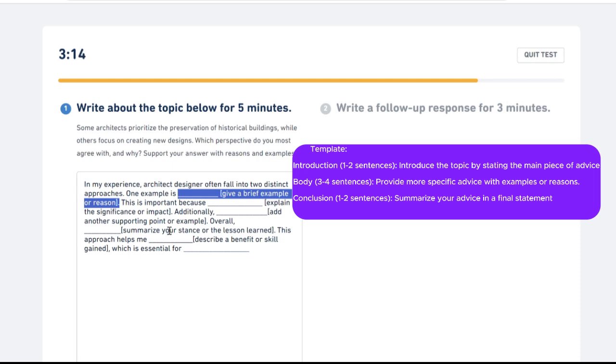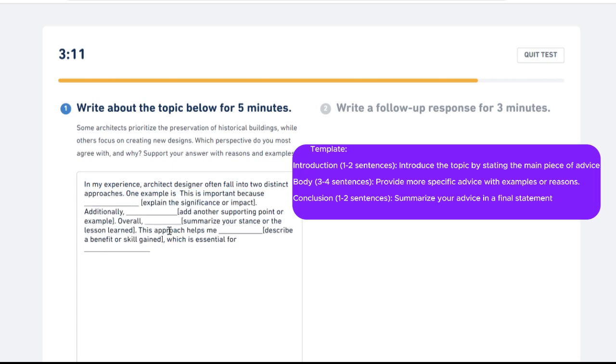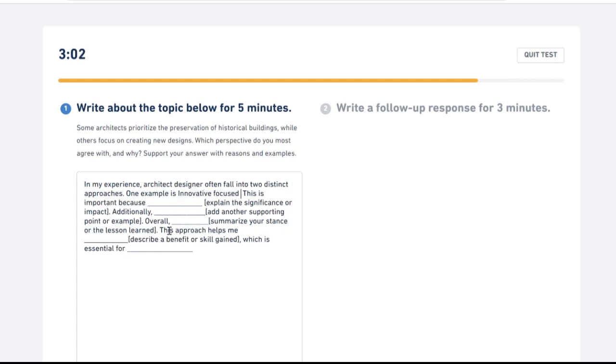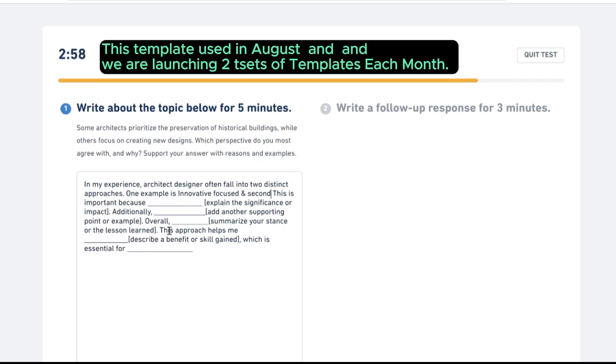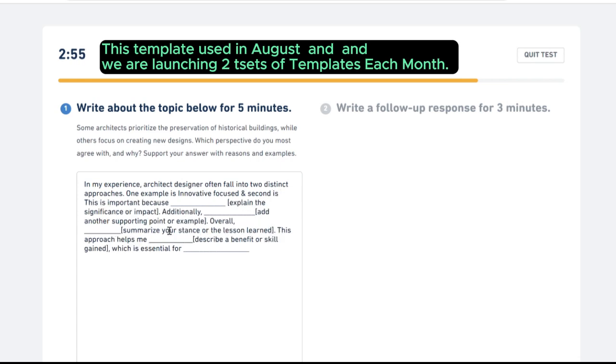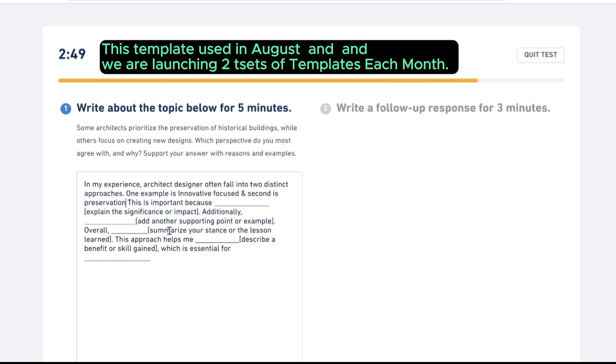You can provide 2 to 3 sentences about the reasons and examples, but always start with a good template, and that will save your time. Most test takers don't know how to write or how to spell correctly. I hope the template will be a real game changer for interactive writing.